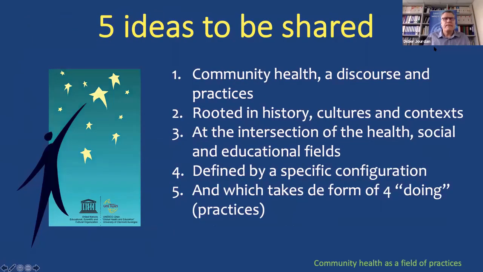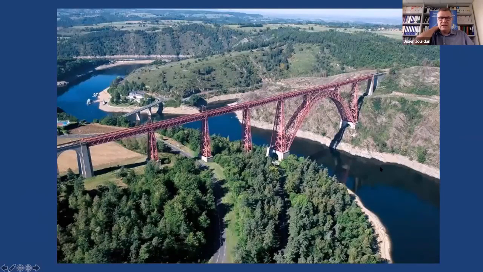So the 5 ideas I just shared with you are that we are talking about practices, that these practices are clearly rooted in cultures and contexts, that they are based on the contribution of different fields in order to make possible the creation of a favorable environment for the people and develop their capacity to take power over their health, and a configuration that helps organize and have a vision of what community health is doing, for each group of practices. In any case, community health is something shared. It's contributing to building bridges between different contributors to the population of the community.